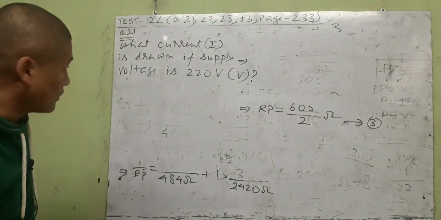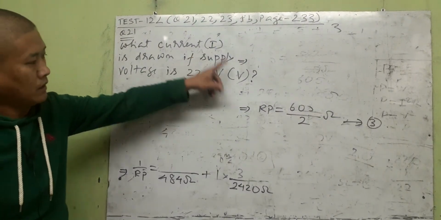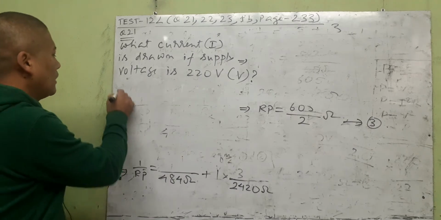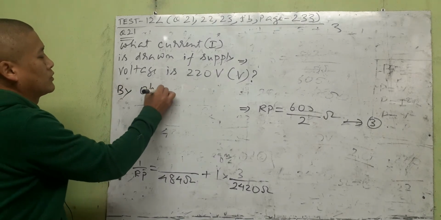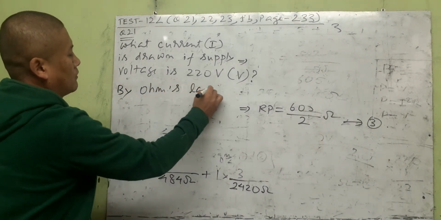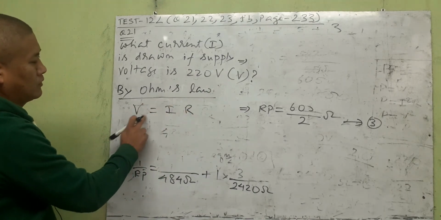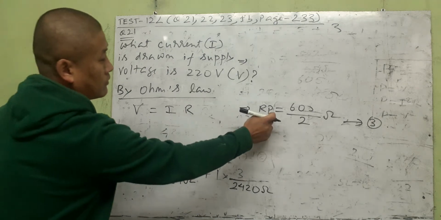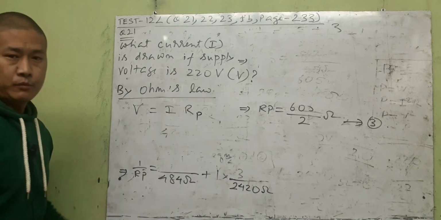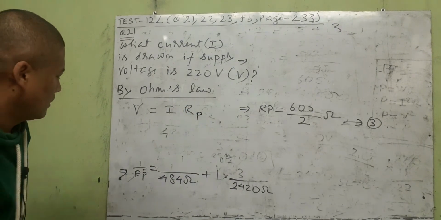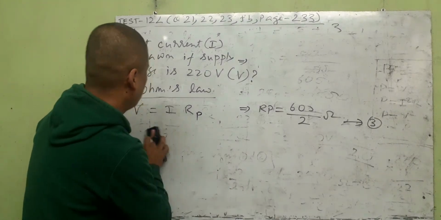So we know V is there, I and Rp we just got, so we can easily now use Ohm's law. By Ohm's law, V is equal to I into R. V is okay, I we're using I, R is we're going to use the total, Rp, because they're in parallel, right? So now, what current?